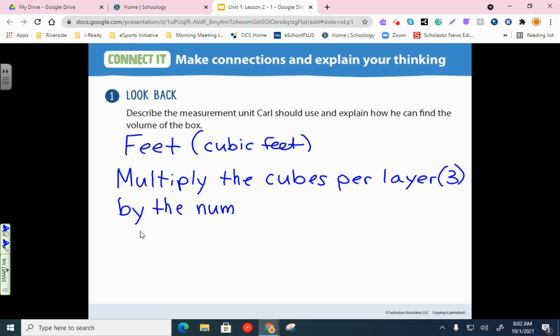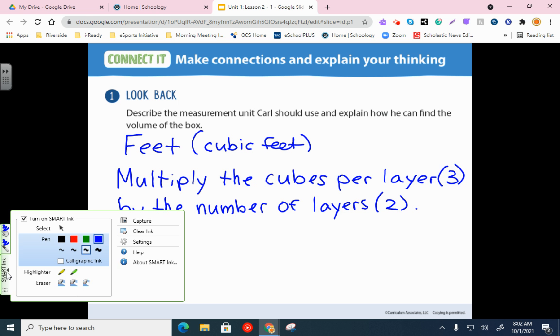And you may be asking yourself why we're repeating this. It's because sometimes when we do math, it's a little bit tricky to explain it to other people, like how we found the answer. So we're kind of working on that with this. So multiply the cubes per layer by the number of layers.